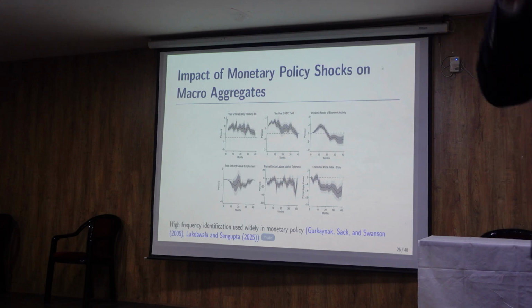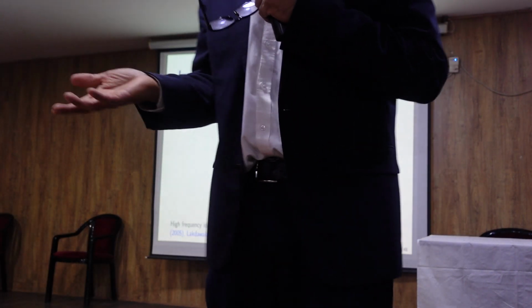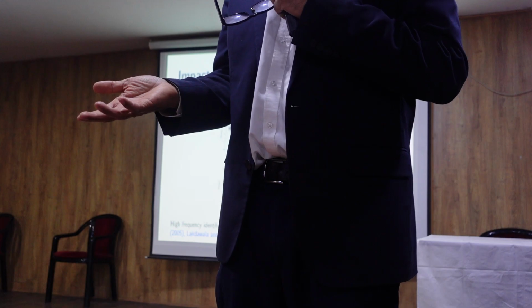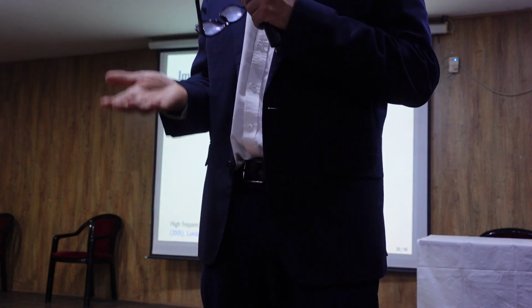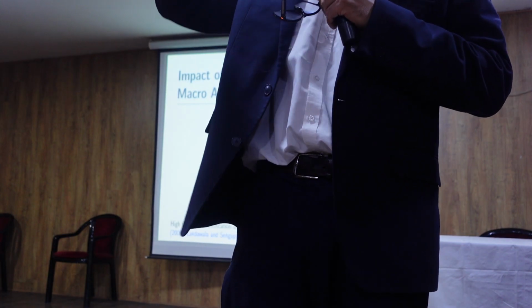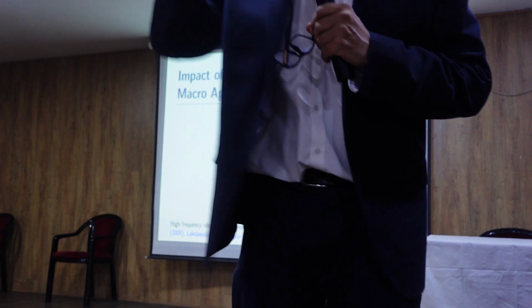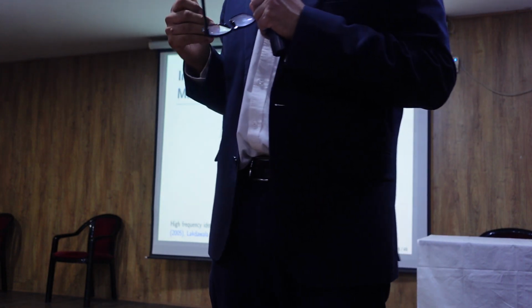Now, on the day of the policy, you may have agreed to some rate, but the policy may have surprised both parties. And the swap rate became different. The payouts became different. So we're going to use that surprise on the day of the policy for a 30-day OIS swap as the exogenous change in the monetary policy stance.